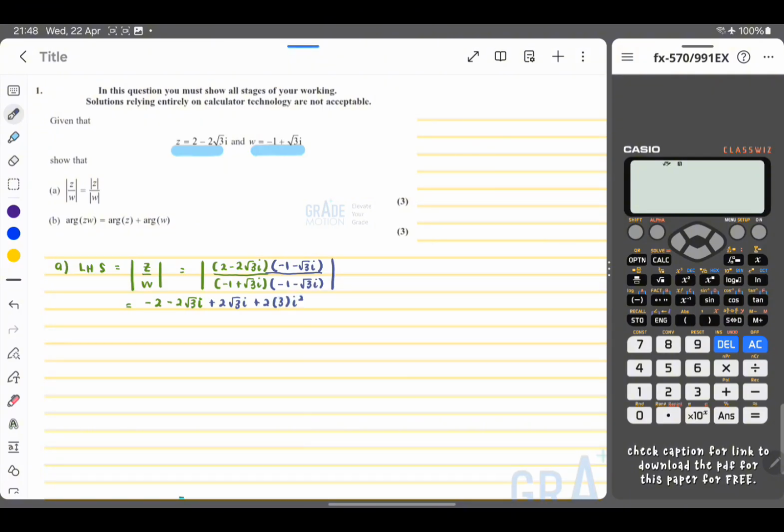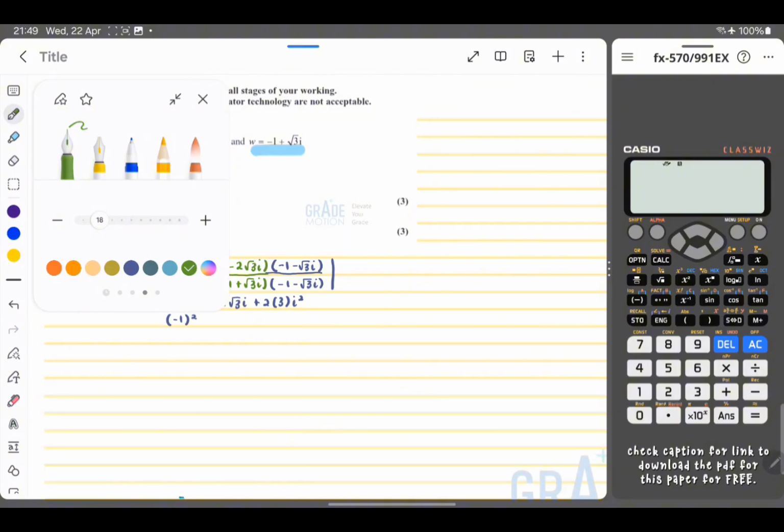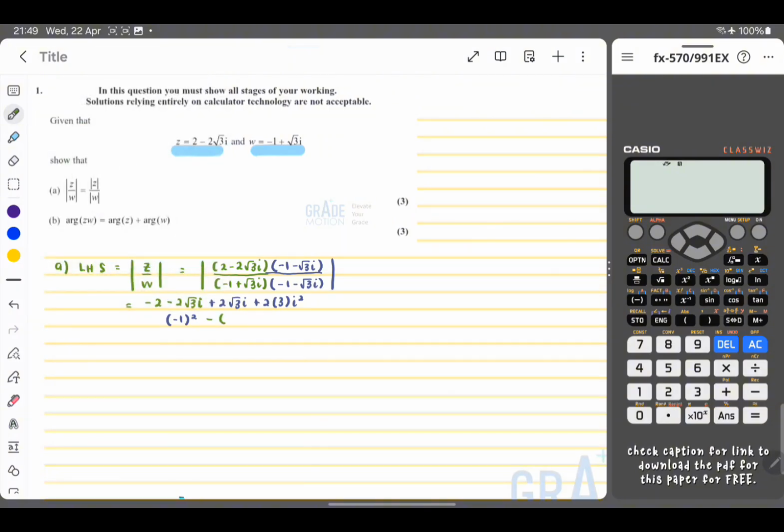So that is our numerator. Whereas for our denominator, we have the factored form of the difference of two squares. So that means it will be negative 1 squared minus root 3i squared.